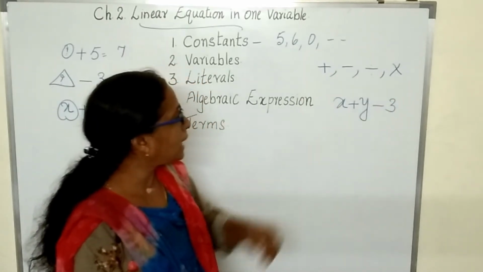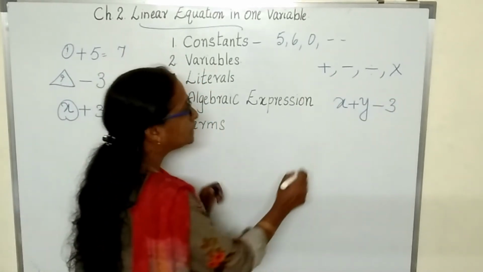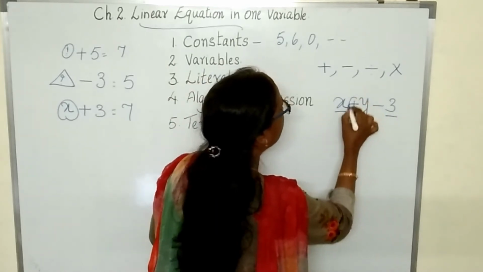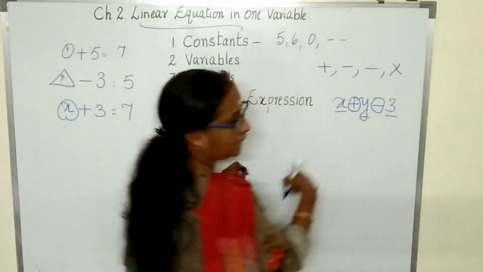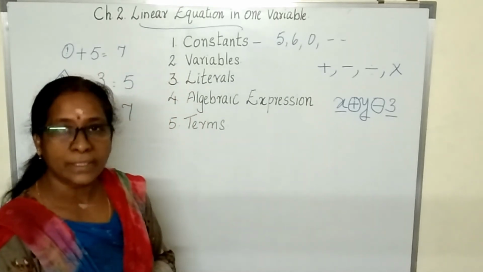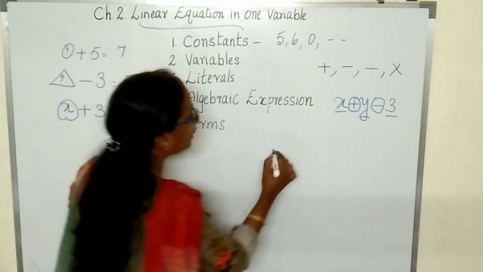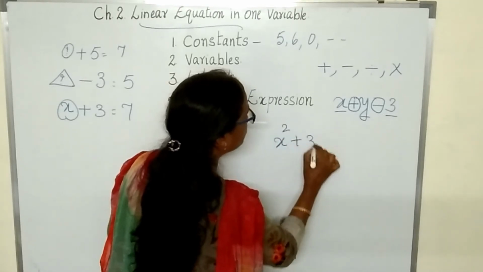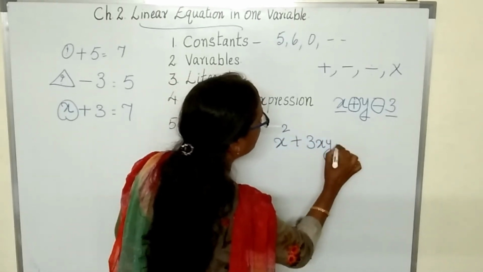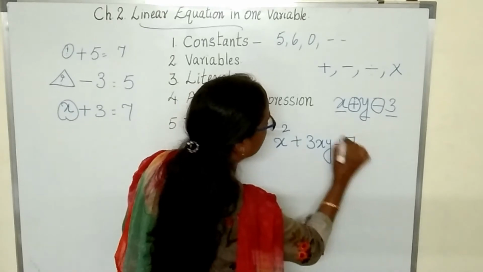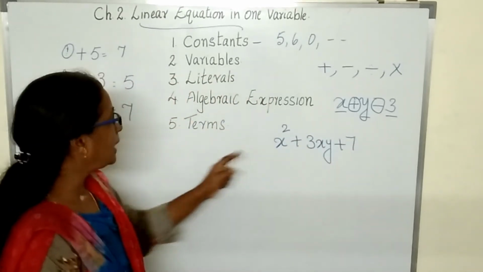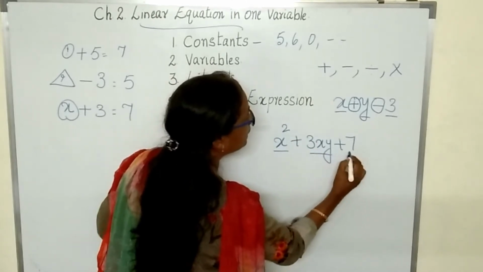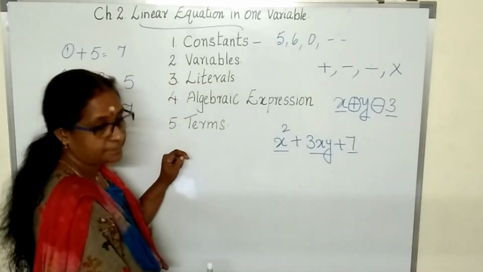Now, when you take an expression, the parts of the expression which are separated by plus or minus signs are called terms. For example, if you write an expression like this, x square plus 3xy plus 7. Here, how many terms are there? Here one term, here another term, here the third term.